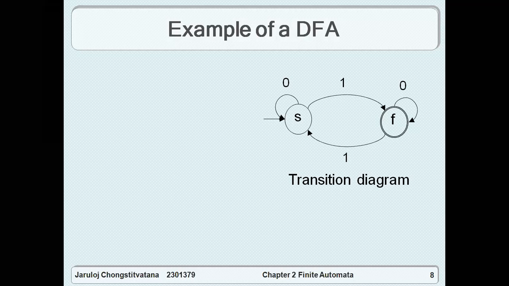Initial state Q naught, comma, sigma, comma, delta, comma. Tell me, did you forget? What is the mathematical model for finite automata? Say it. M is equal to Q, sigma.